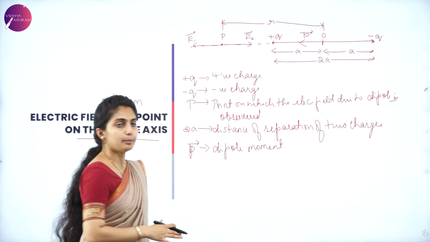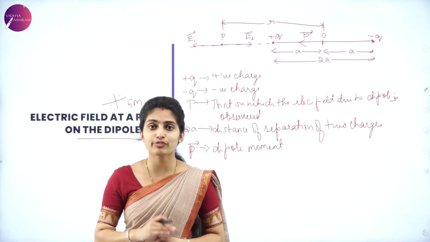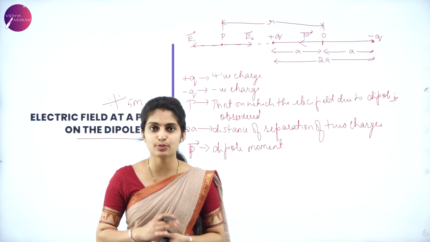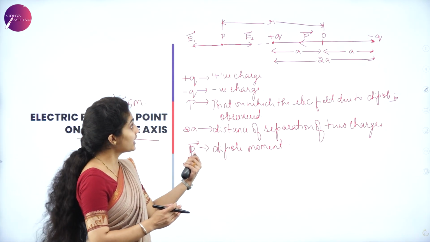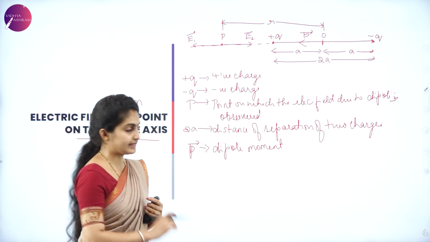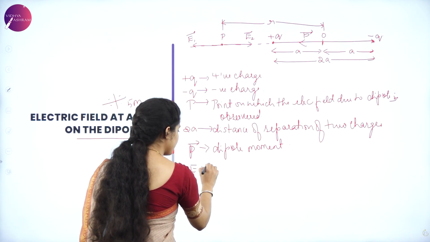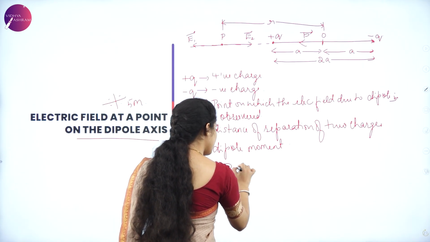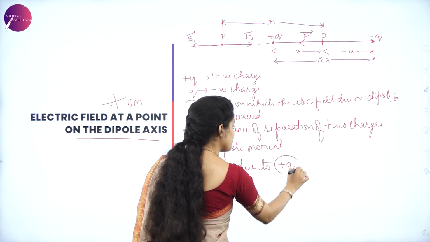So these are the basic concepts. Now we have to calculate the influence of electric field due to the dipole at point P. So first of all, the electric field at P due to plus Q, that is the positive charge.